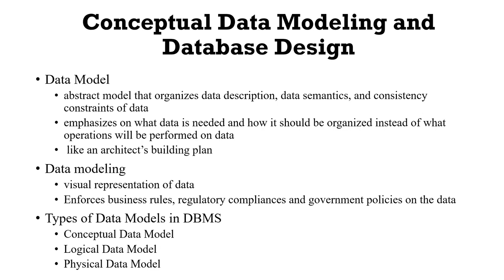There are various types of data model in DBMS. They are conceptual data model, logical data model, and physical data model. These are related to the three schema architecture that we discussed in the previous lecture.